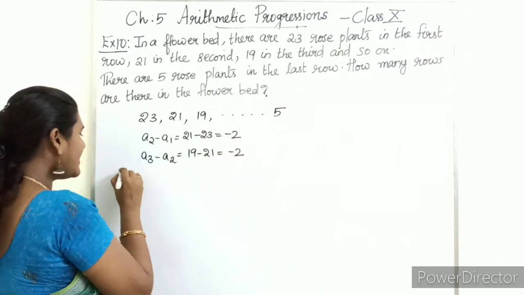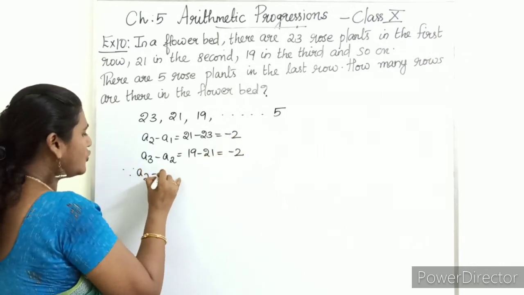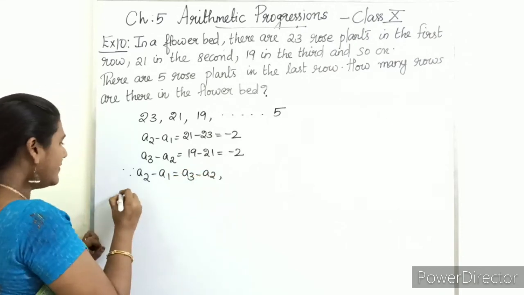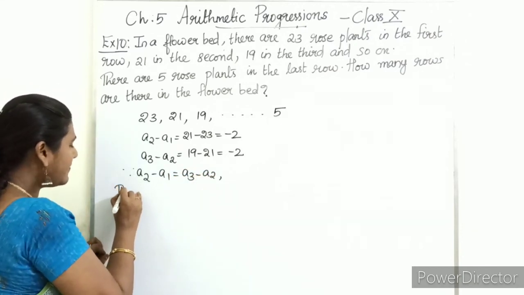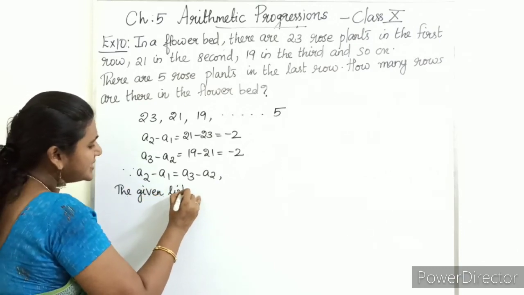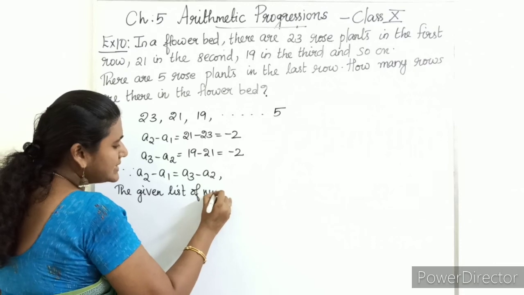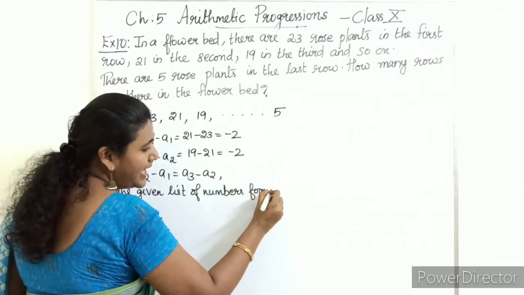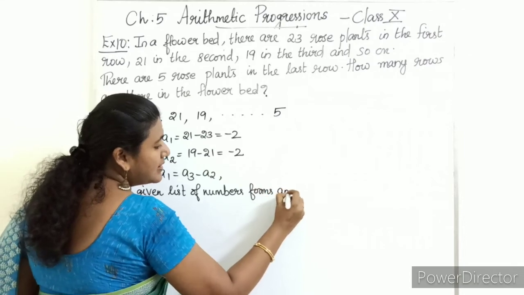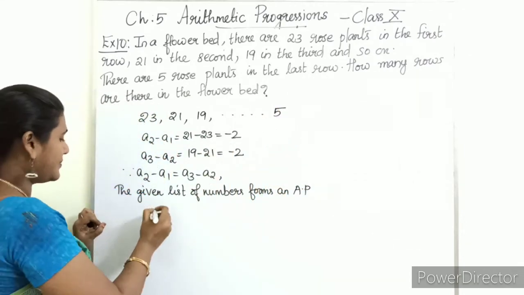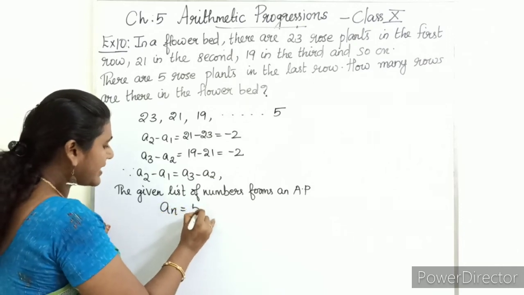So these two are equal. Therefore we can say that the given list of numbers forms an AP. Since it forms an AP, we can use the an formula. This 5 is actually the nth term.